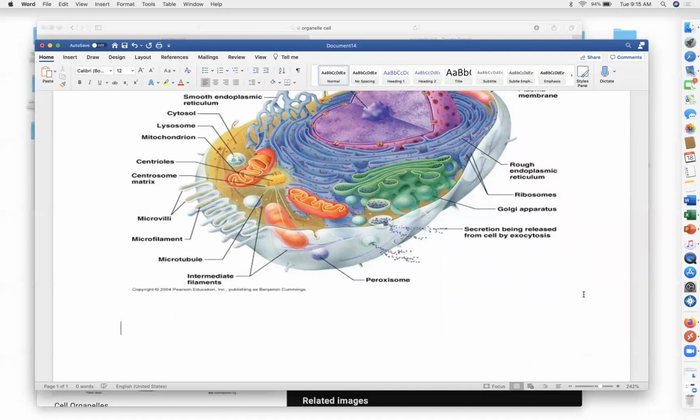So the mitochondrion, which is the powerhouse of the cell, what does it do? Remember we talked about enzymes, and it takes in a substrate, right? It takes in things and chemicals, and then it creates a product. Well, the mitochondrion takes in oxygen and glucose.